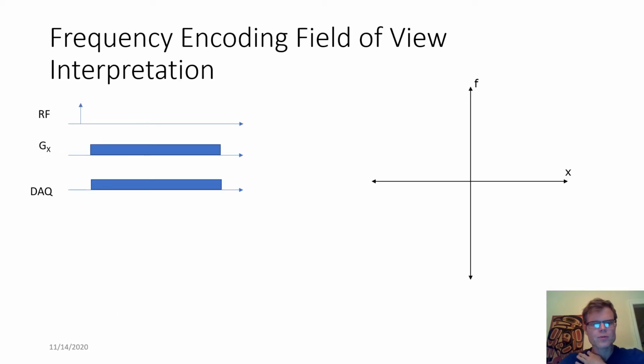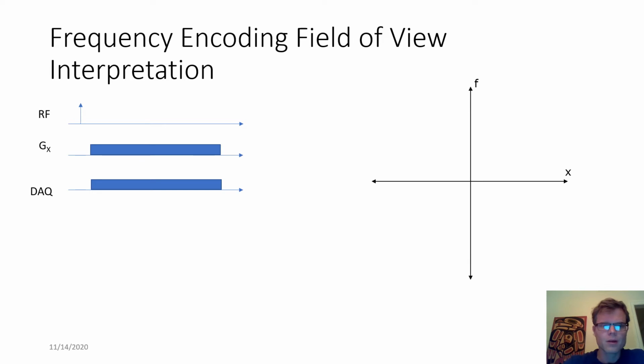So the first way we're going to look at the field of view, or FOV, is through a frequency encoding interpretation. The same way we initially looked at the concept of frequency encoding, we're going to look at how we can put field of view into this interpretation.